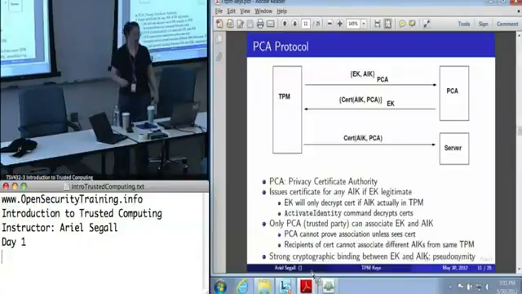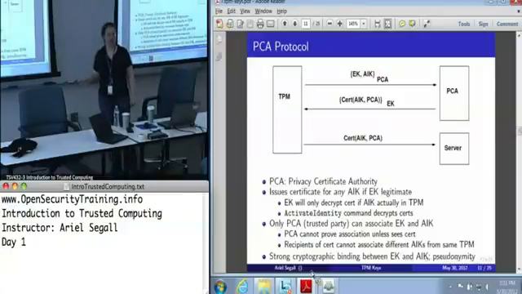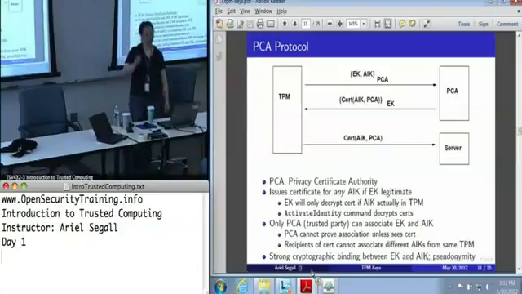Which means that later on, if that certificate is ever used, we have proved that that endorsement key unlocked that AIK and that therefore that AIK belongs to a legitimate TPM. Because we issued the certificate knowing that the endorsement key was legitimate, and the use of the certificate proves that the endorsement key is on the same machine as the AIK.